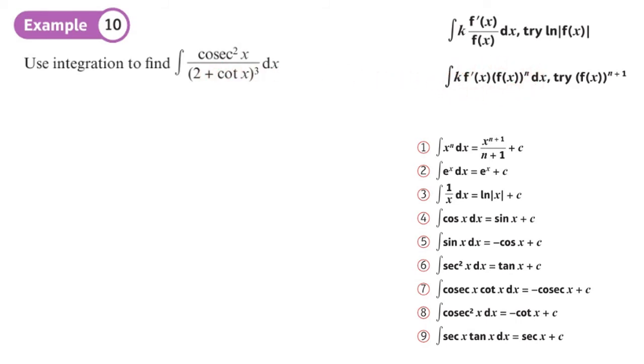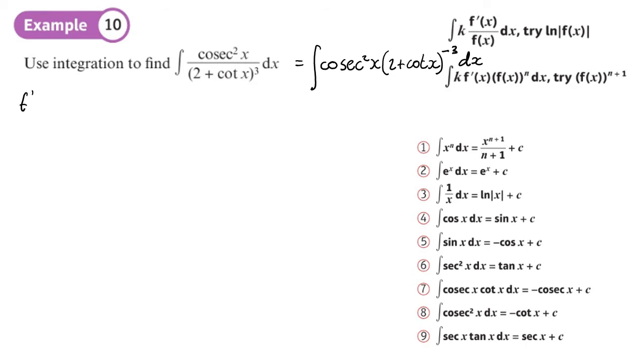So the first thing that we need to do is to write this and bring the power 3 bracket to the top. So we've got cosec squared x times by (2 plus cot x) to the power negative 3. Now we've got that, it actually is the second pattern.